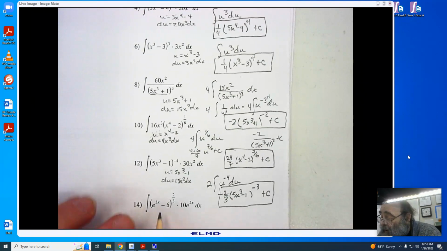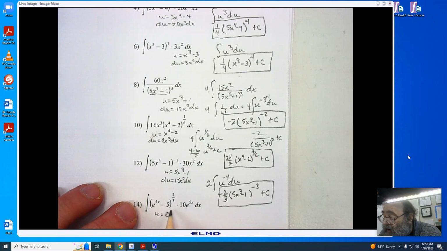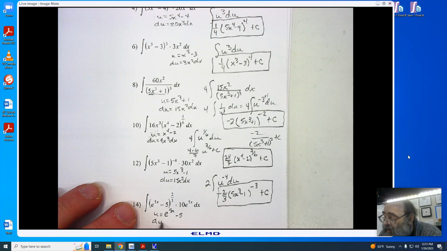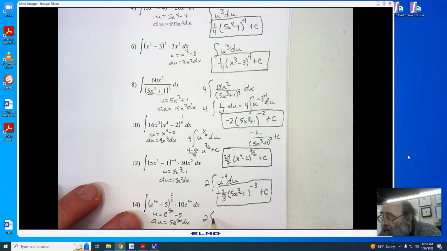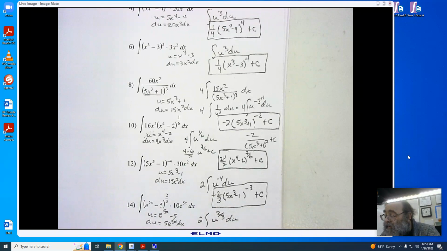Continuing, we're looking at this piece, and we have u equaling e to the 5x minus 5, so that my du turns out to be 5e to the 5x dx. I have a 10, which means there's a 2 left over, and I am looking at, let's just make sure, u to the 2/3 and a du.